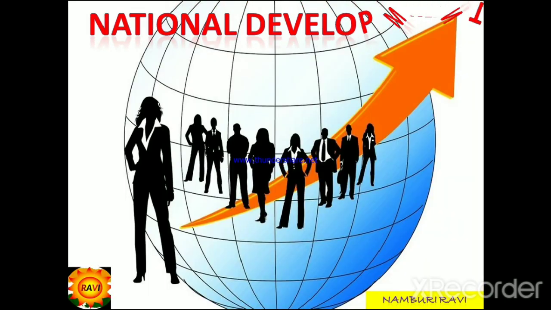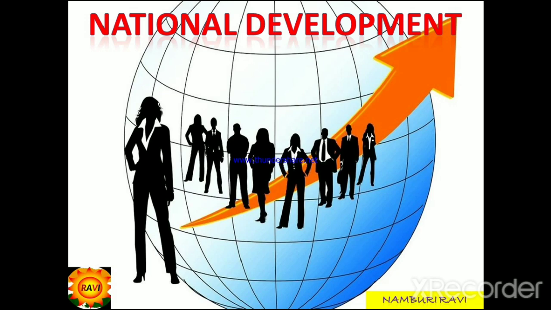Now we can see national development. National development is nothing but the country's development. The development of a country is known as national development. How can we say a country has developed? What is the criteria for calculating the development of a nation?